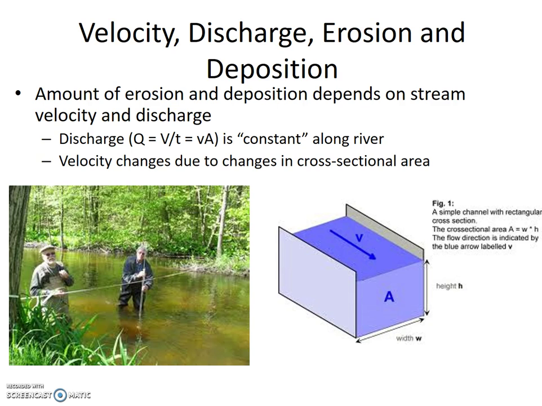Again, we assume that the area that we are studying has a constant discharge, i.e. no tributaries entering our stream, no distributaries exiting our stream, and no significant changes due to groundwater seepage into or out of our stream. There is a velocity vector, the v with the arrow, indicating that the stream is flowing in a particular direction, probably downhill.